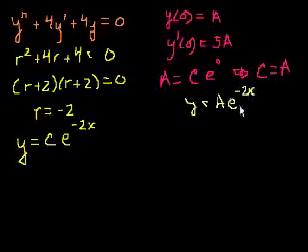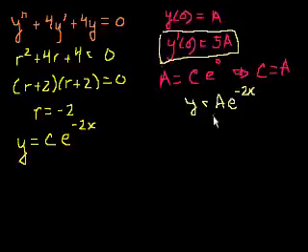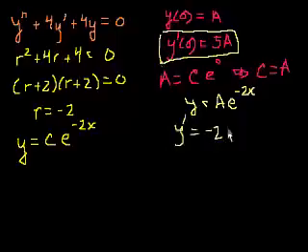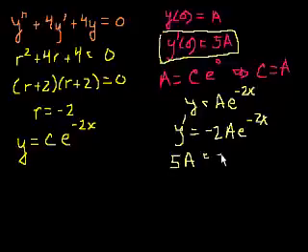But let's see if this particular solution satisfies the second initial condition. So what's the derivative of this? y prime is equal to minus 2a e to the minus 2x. And this initial condition says that 5a is equal to minus 2a times e to the minus 2 times 0, so e to the 0.